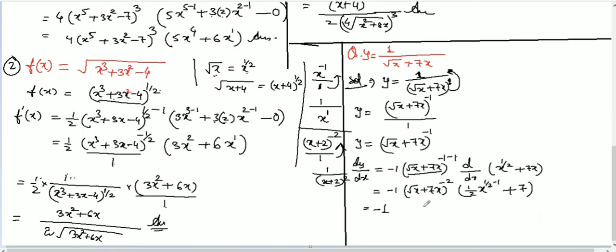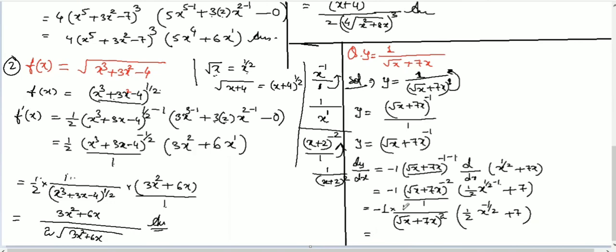Now here is power minus 2. So don't leave the power minus 2 in the answer. Same rule applies here. This 1 will go up: 1 over square root of x plus 7x to the power minus 2 will become positive 2. Now here half x to the power half minus 1 will give you minus half, and plus 7.